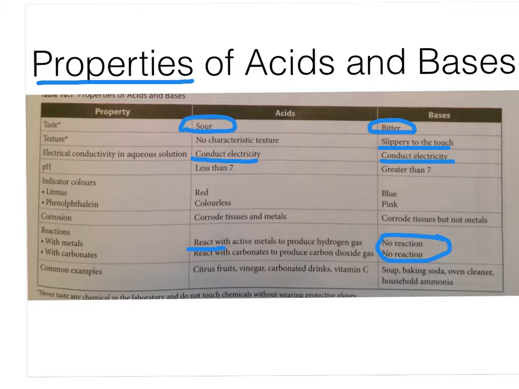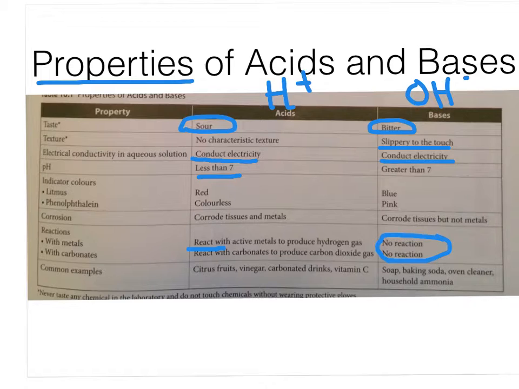Earlier I talked about the ions that are released. So remember, acids release H plus ions and bases release OH minus hydroxide ions. The pH range of an acid is less than 7, and we'll talk about the pH scale in a minute here.